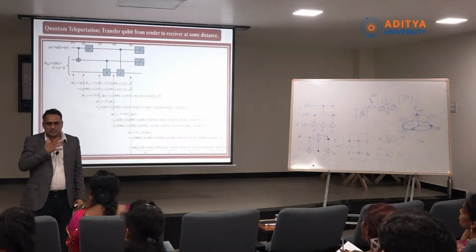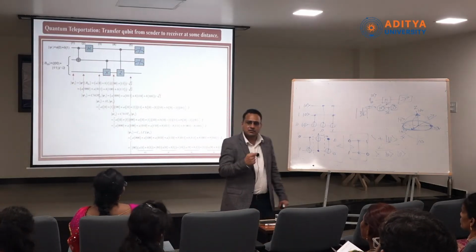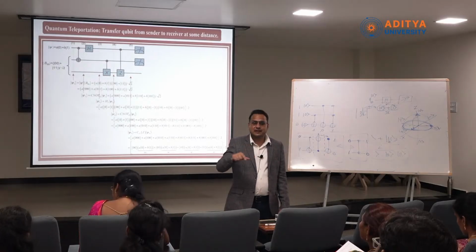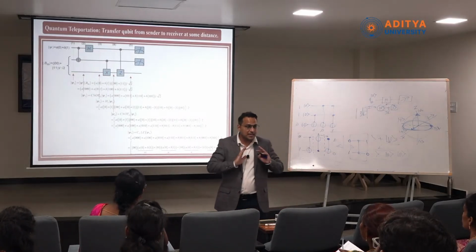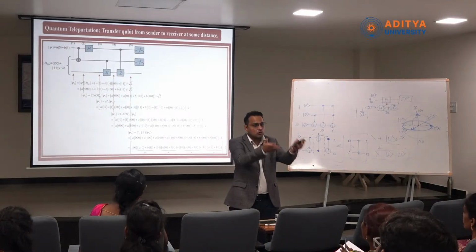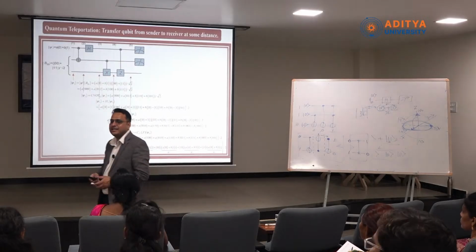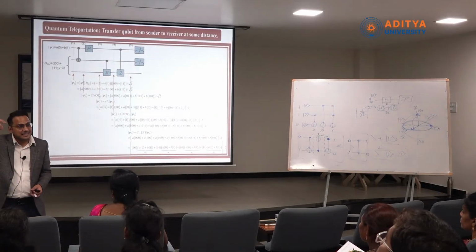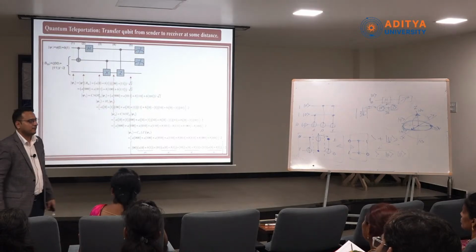So quantum information should be contained in what? Qubit. Understood? But I do not want to send the physical qubit from sender to receiver. Physically, the information I have, I do not want to send to the receiver. What I am interested in is making an exact copy of that quantum state at the receiver side.